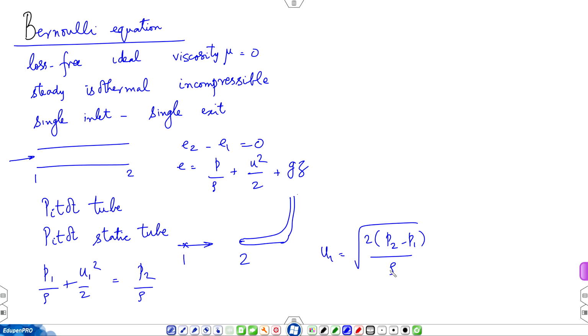Do you remember how pressure difference is measured? We had studied manometry long ago. A manometer is a gadget that helps you measure pressure difference. So, P2 minus P1 can be measured using, let us say, a U tube manometer, for which you have to connect these points 1 and 2.